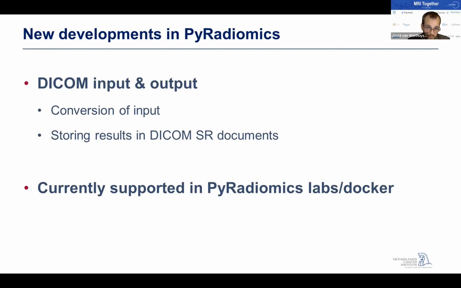So you can have a fully DICOM pipeline using PyRadiomics. This is not generally used in research today, but especially if you have a clinical implementation at some point, you also need to store the results in a way that is compatible with current day implementations.